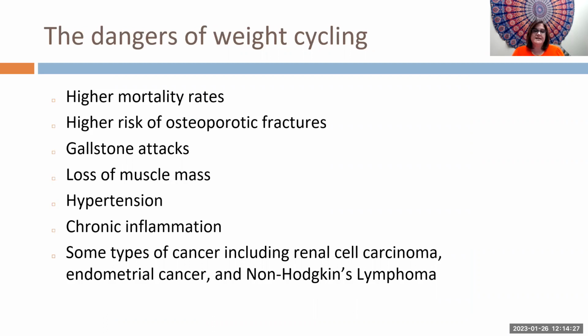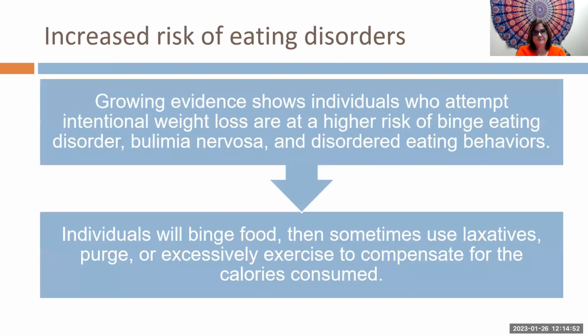And so again, this calls into question, I think, if we think about that weight-centered approach, and a lot of the research that has shown that living with obesity is associated with chronic disease, it could be that because we're not accounting for weight cycling and weight cycling's association with these adverse health factors, there may be some confounding of these associations of obesity with disease that we've seen in the literature over the past few decades.